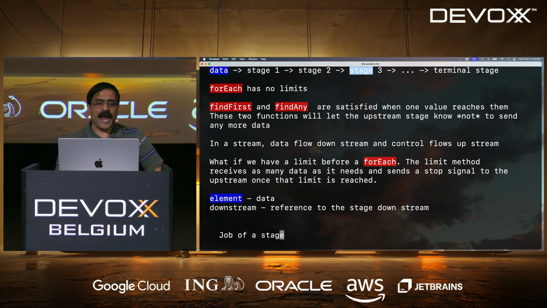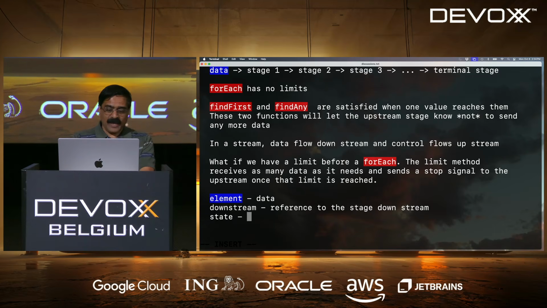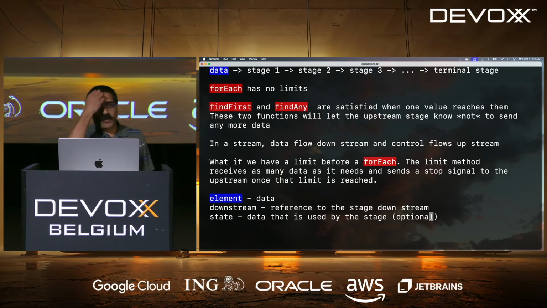So to stage 2, stage 3 is downstream. That's a reference. There is one more that you will deal with, which is called the state. The state basically is the data that is used by the stage. So this is thankfully optional. So the other two are not optional, this one is. And we'll get to that a little later and see how we can make use of that.